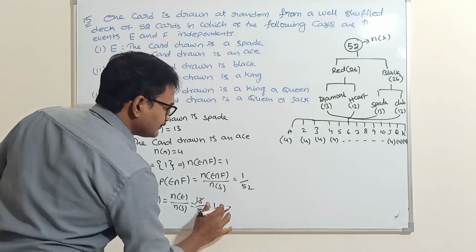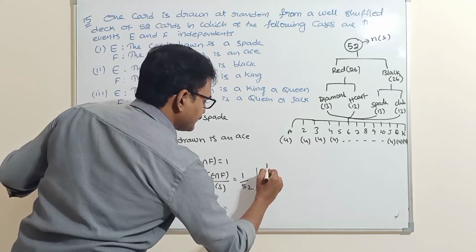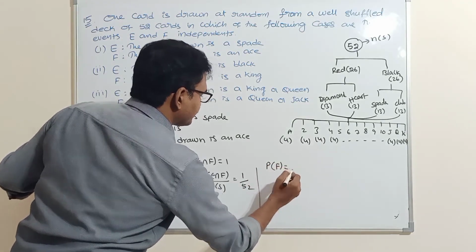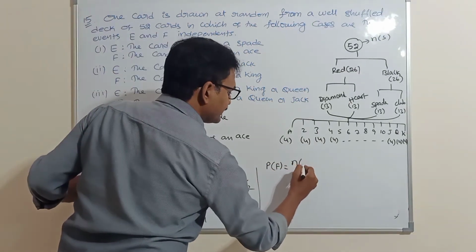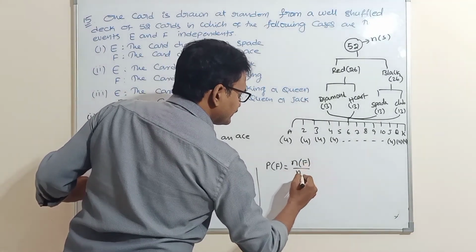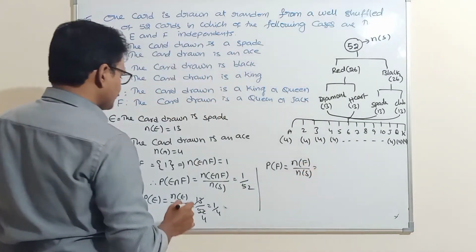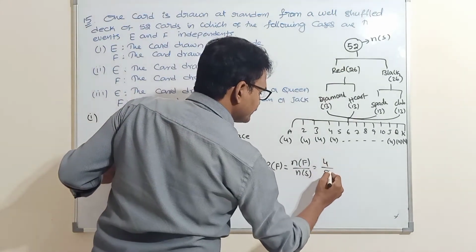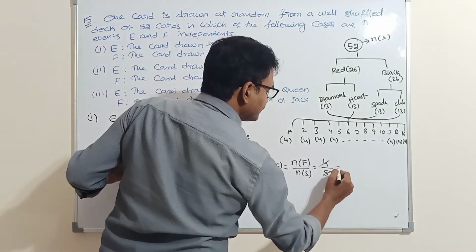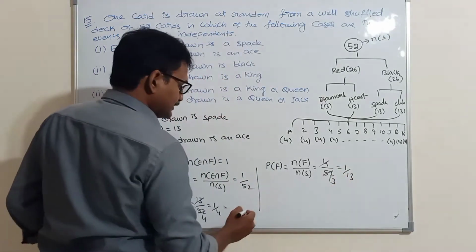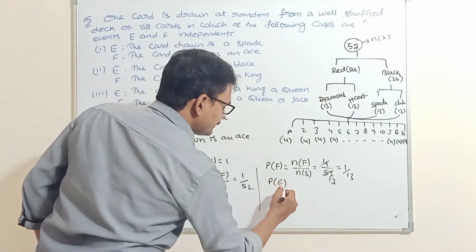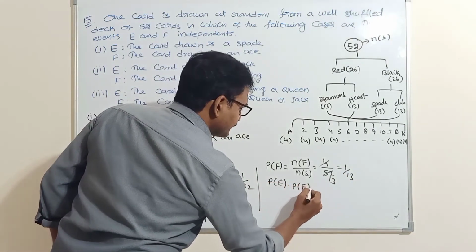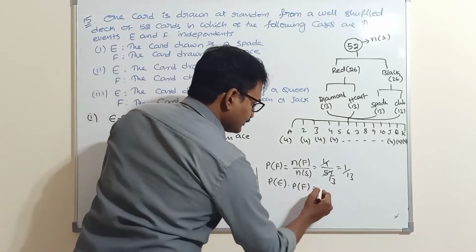Similarly, P of F. P of F means N of F by N of S. N of F is how many cards? 4 by 52, so 1 by 13. What is P of E into P of F value? P of E value is 1 by 4.